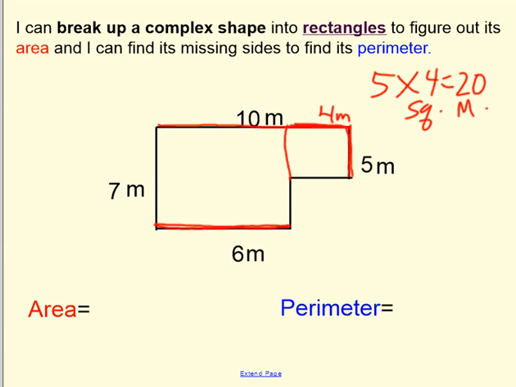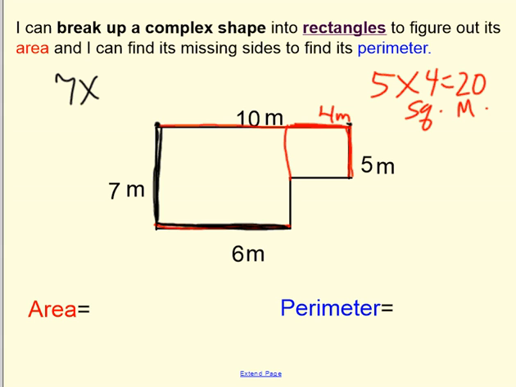Okay. So now they need to find the area of the second rectangle. So this is 7, so they have a length. 7 times, now they need a width. And they have the width, and they don't need to find a missing side for the area because this is 6. And they have to be careful that they do not use the 10 because the 10 is from here to here. So it takes focus.